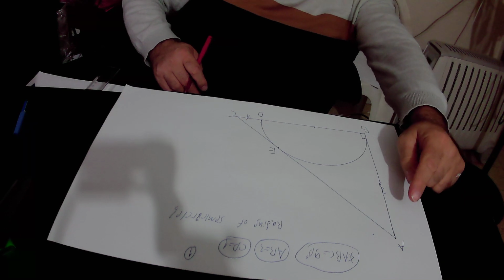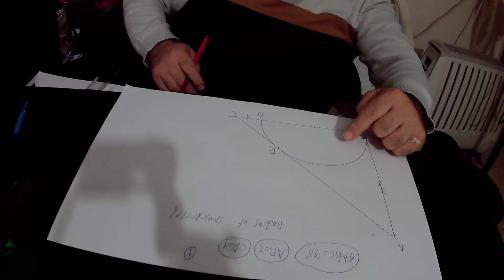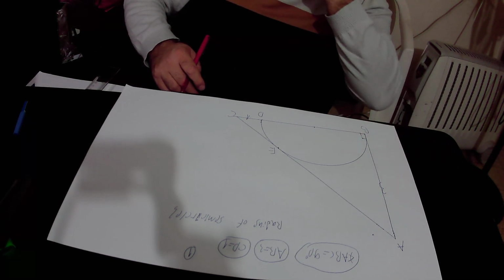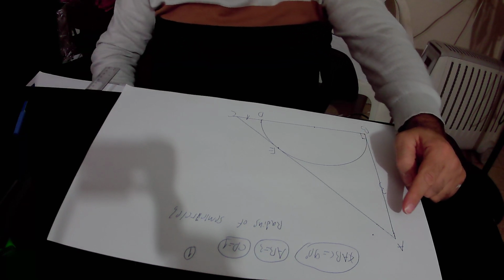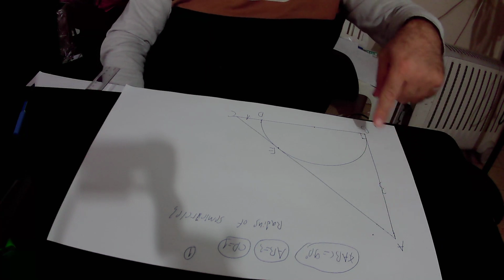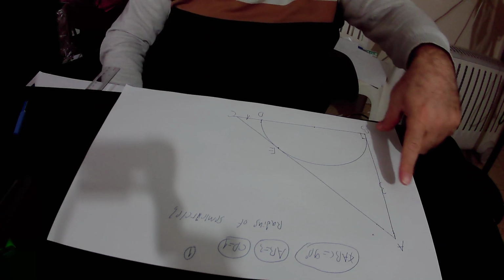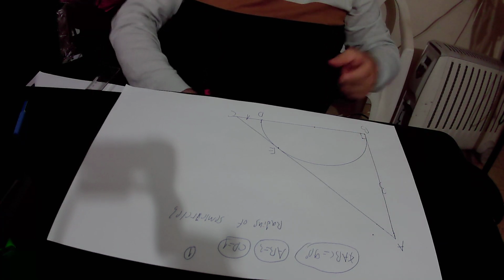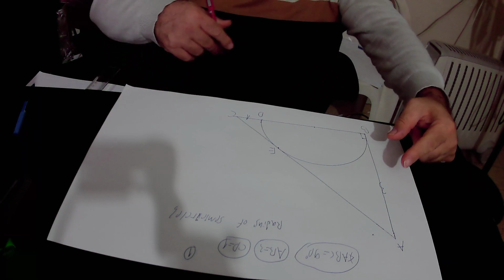Therefore, point A is an external point of this semicircle, and from point A we have two tangents to this semicircle. The first tangent is tangent AB, and the length of tangent AB is 3 units.